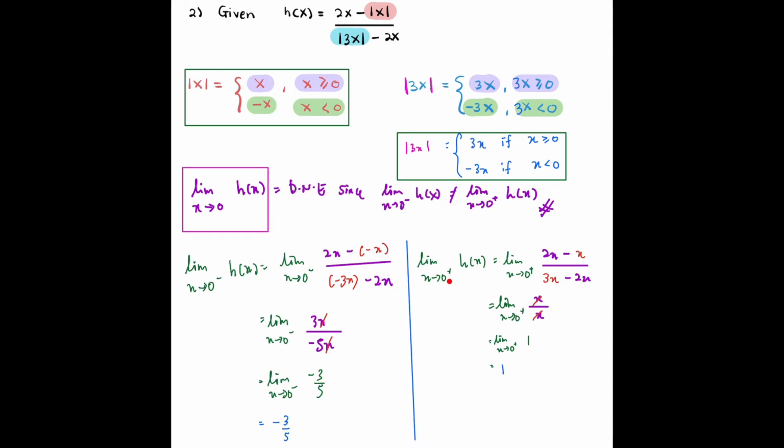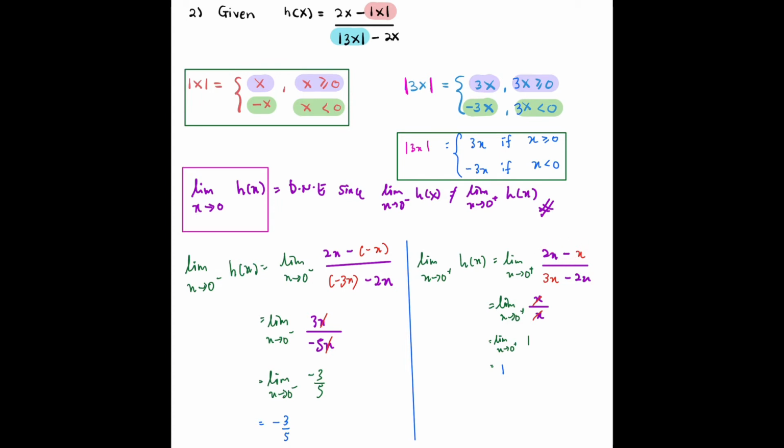Again, for absolute value, we need to take the value for when x is positive. So for modulus x, we take the value of x and substitute it here. And for modulus 3x, we take the value of 3x because this is the value if your x is positive. So let's fill in 3x here. Now let's simplify.